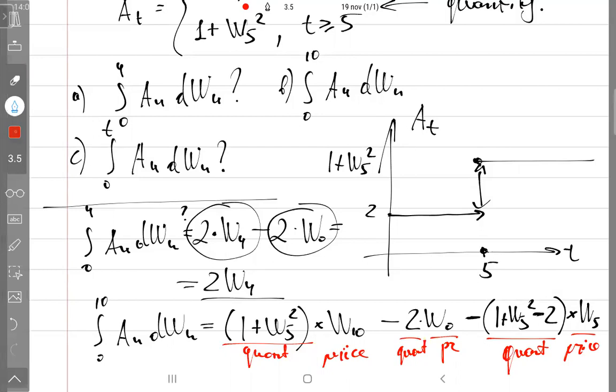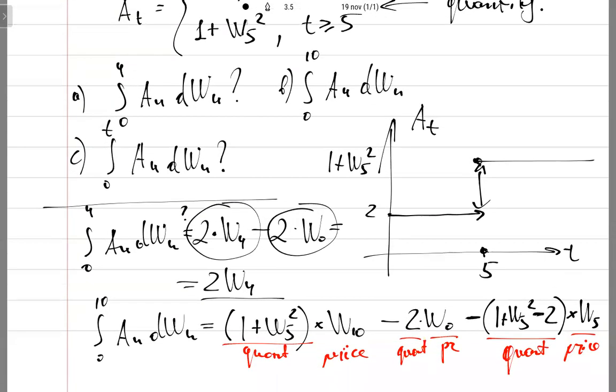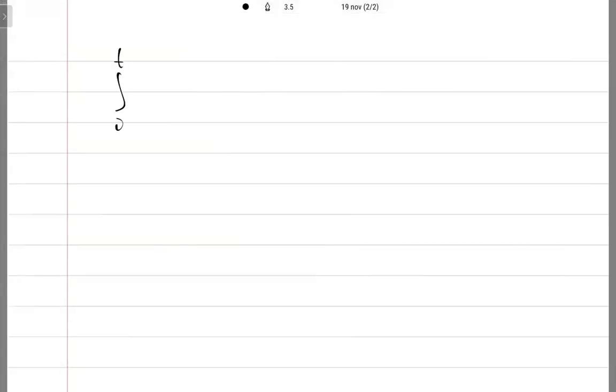And finally, in general, we will have a stochastic process if I integrate from 0 to t. So my final answer will be the integral from 0 to t, a_u dW_u.